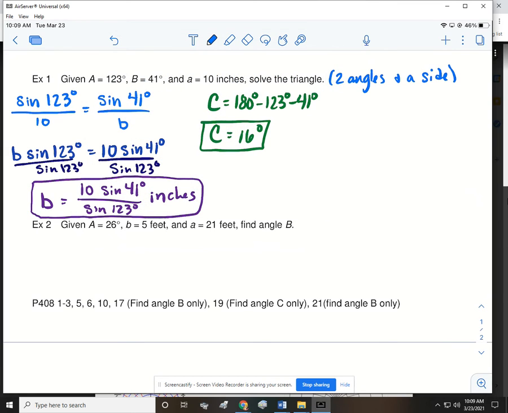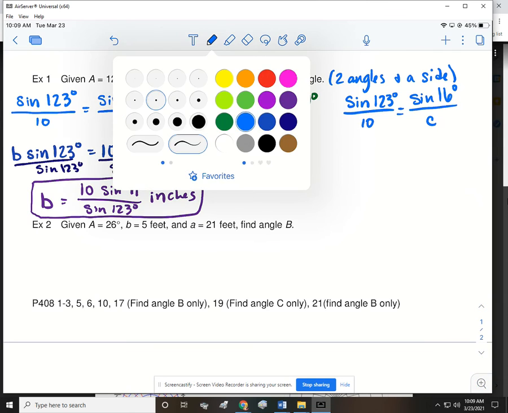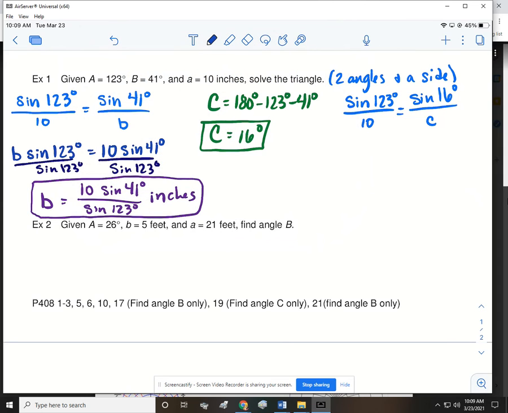Lastly, we need to find side C. To find side C, we're going to use the law of sines, where the sine of 123 degrees over the length of side A is equal to the sine of angle C, which is 16 degrees, over side C, which is what we're looking for. It's just like what we did at the beginning of the problem.